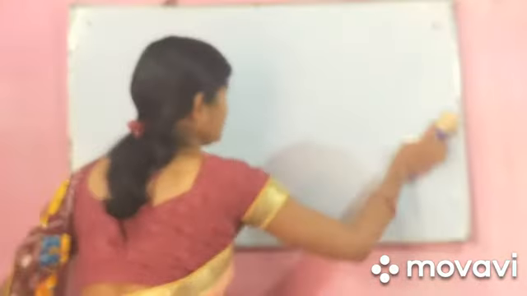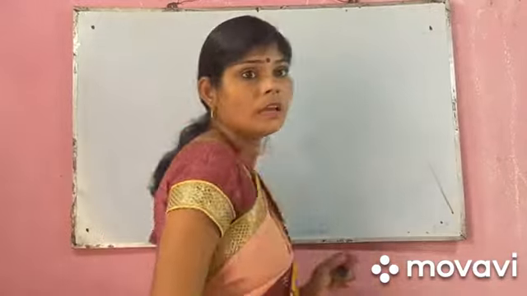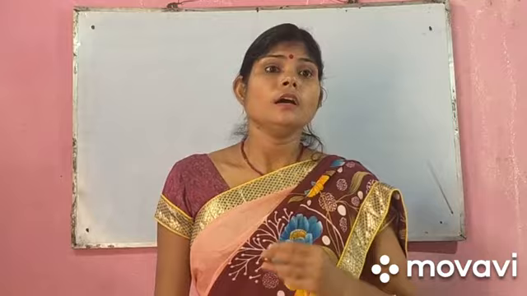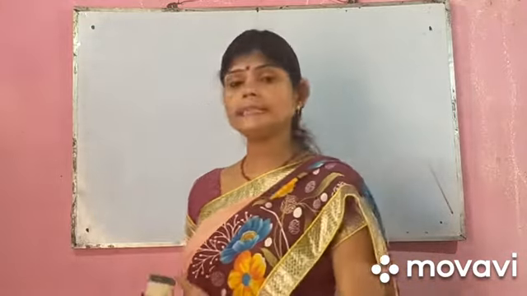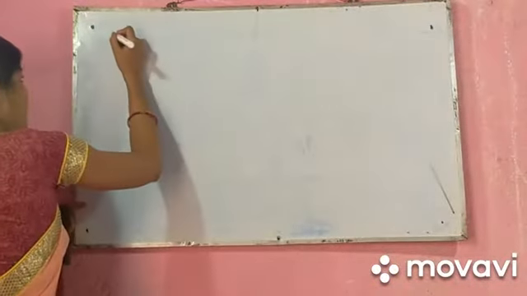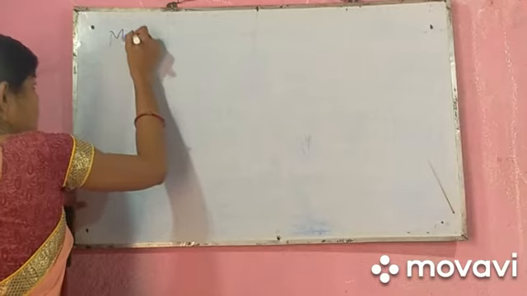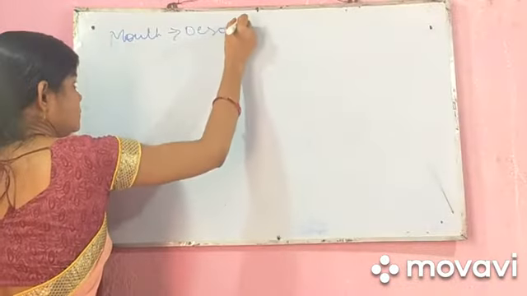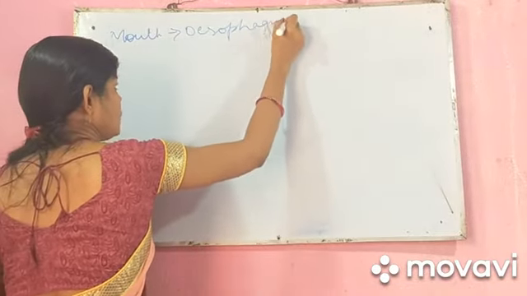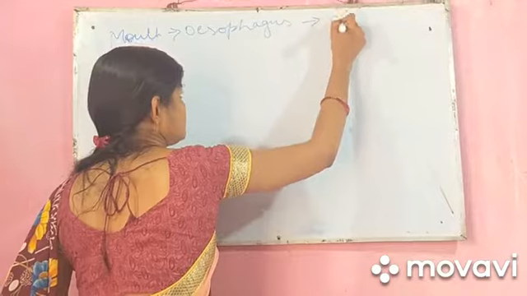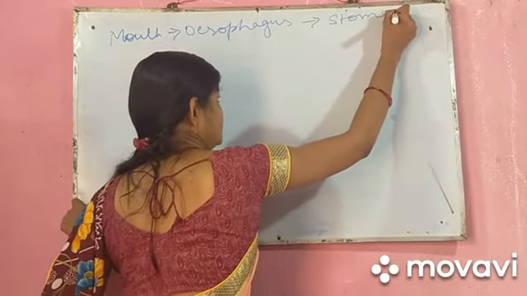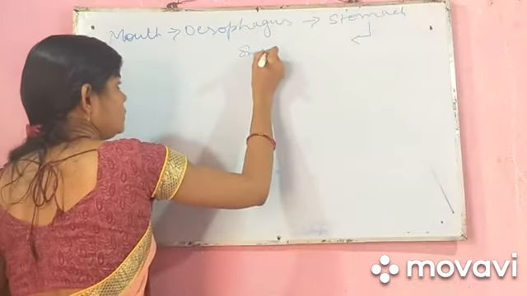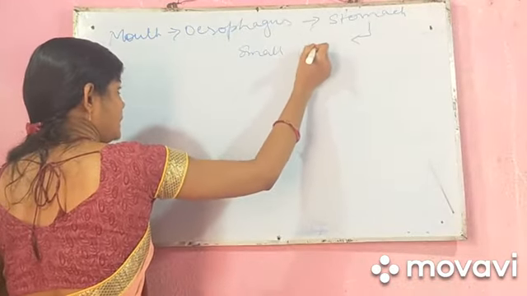This digestive system is a very complex system. Many of the organs are involved in these processes. As I said, starting from the very beginning, mouth, then esophagus. After esophagus was stomach. After stomach it was small intestine.